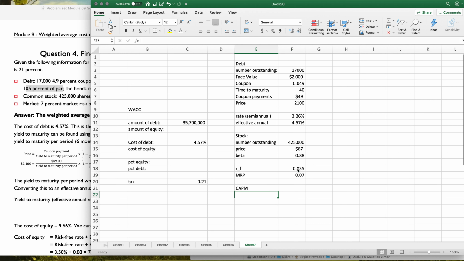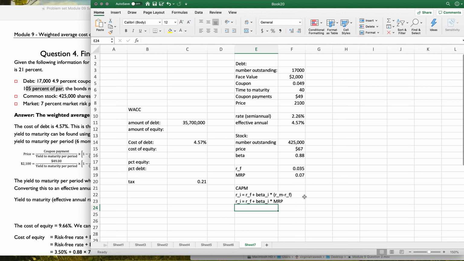So here we can use CAPM, and if you don't recall CAPM, let me type it out for you. Beta times the return on the market minus the risk-free rate. But another way to write that second part of the equation is just market risk premium. So the CAPM tells us that the return on an individual asset is equal to the risk-free rate plus the beta of that asset times the market risk premium, which is the return on the market minus the risk-free rate.